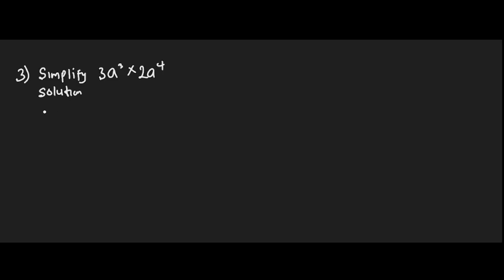Solution. We have 3a raised to power 3 times 2a raised to power 4. Here, we're also going to apply this rule of indices, s raised to power a times s raised to power b. But before we proceed to that, we could split this 3a raised to power 3 as 3 times a raised to power 3 times 2 times a raised to power 4.